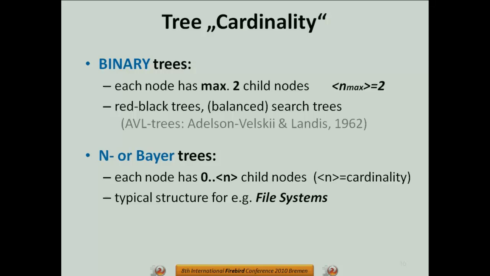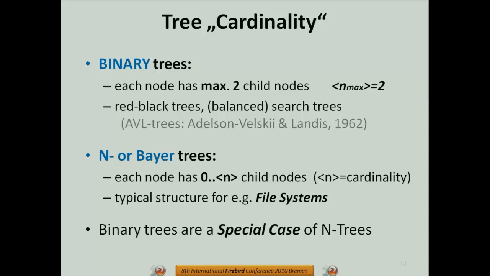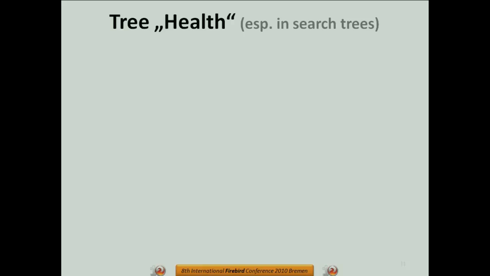And then you have the typical unlimited n type trees, like file systems, where n isn't really so limited if you're working on Windows. Ever tried pumping 10,000 files into the same directory? I think it works on Windows 7, but there were Windows versions where this wasn't a good idea. But this is the typical structure of file systems. So, more generalized, binary trees are just a special case of n-ary trees. They basically all work the same, but just the number of n is limited.